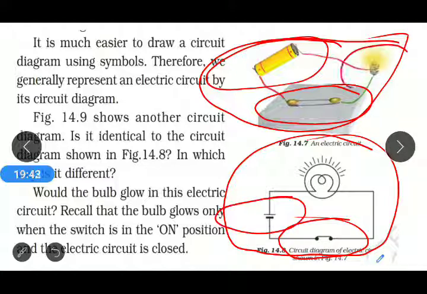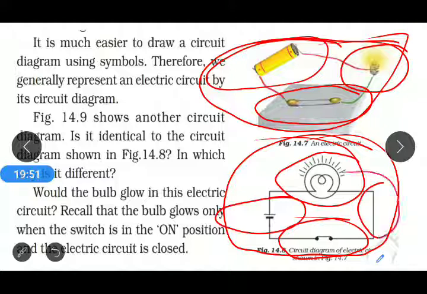Here you can see an electrical bulb replaced by its symbol, and the wires are made from these lines. These are the symbols of wires, and in that way they are connected to each other, and that is the representation of this electrical circuit. That is also called a circuit diagram in physics.